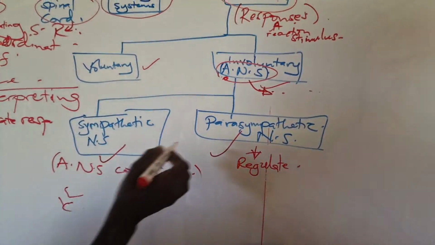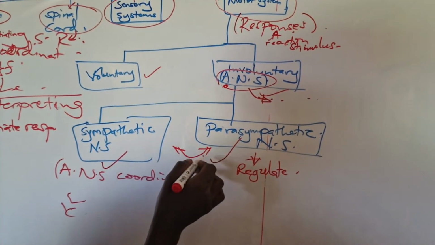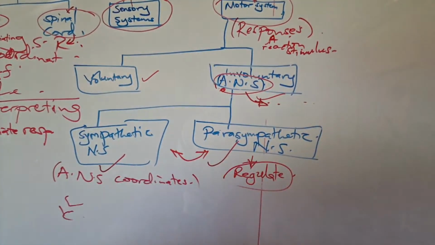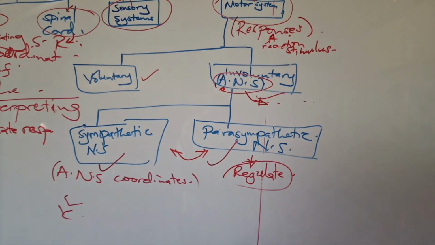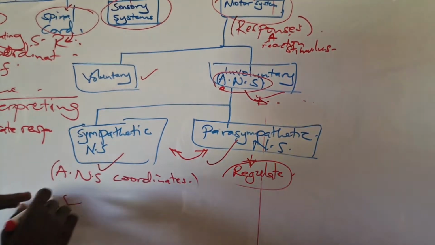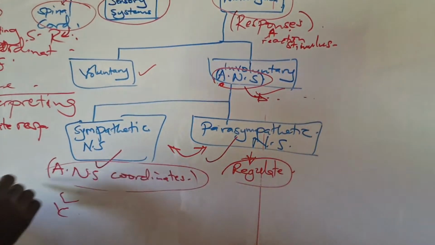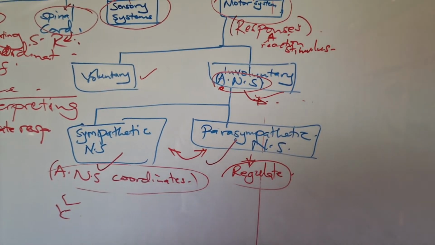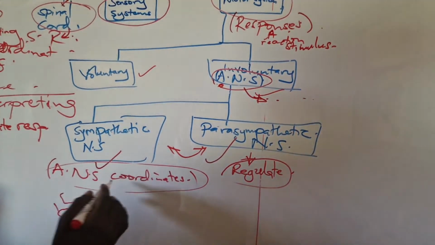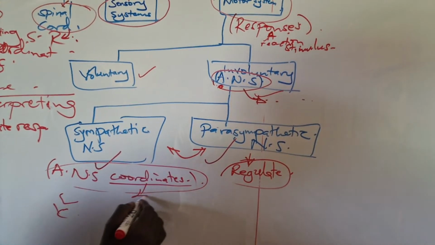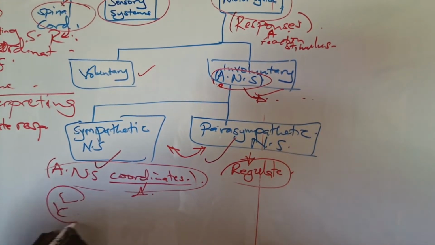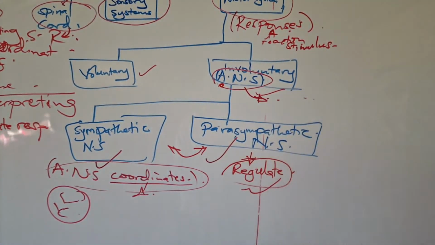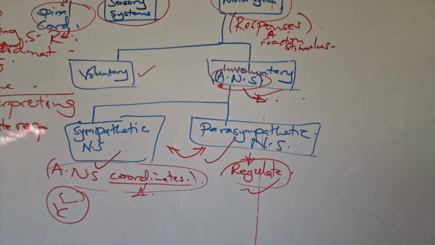So the parasympathetic nervous system will always come in to do the opposite, so as to regulate the intensity at which those responses are carried out by the body. So for these ones, they coordinate and cause involuntary reactions or responses by the body. For these ones, the parasympathetic nervous system will come in to regulate that.